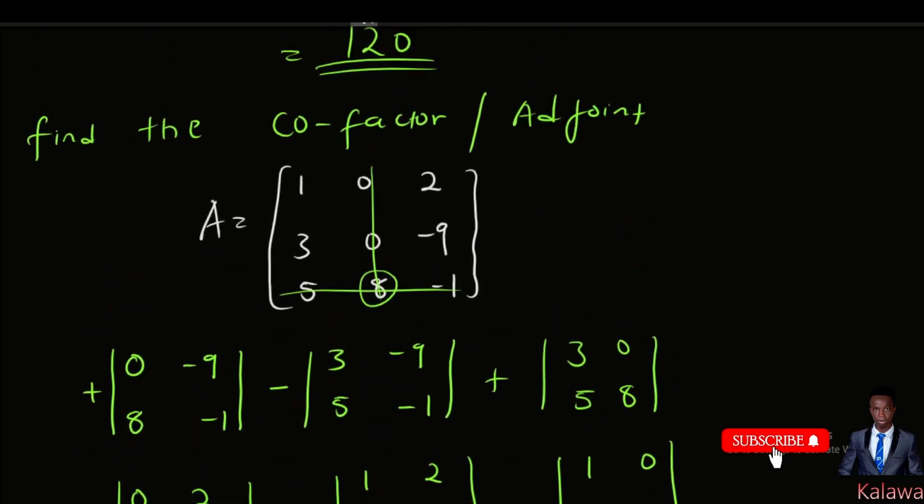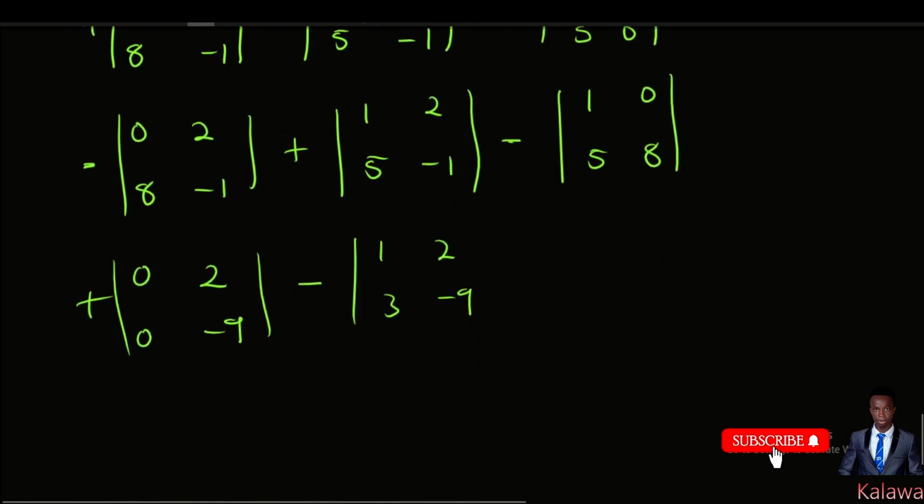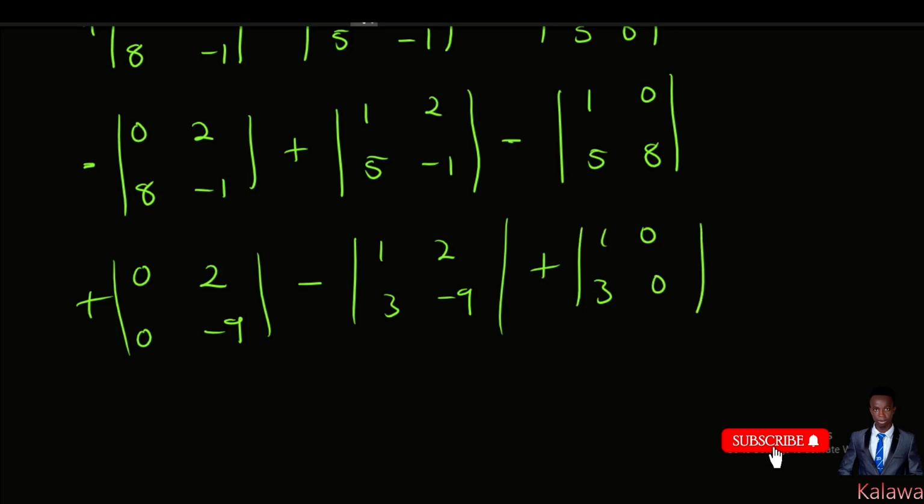So we go again for the final one. And this is minus 1. So the minus. What is left is 1, 0, 3, 0. So you follow again with the sign. So we have found the minor for each of the 9 elements in the A matrix.